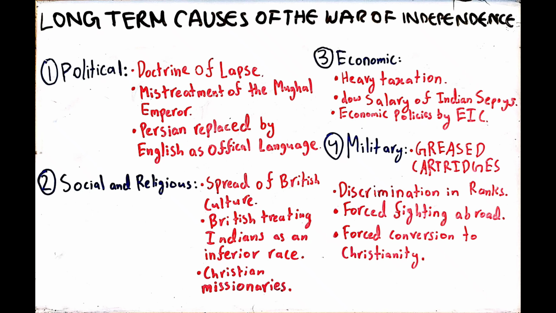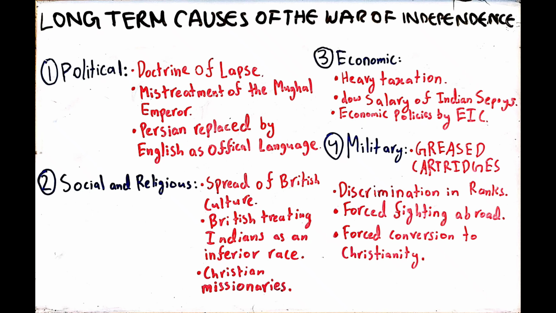Second point would be about the mistreatment of the Mughal Emperor. The British moved the royal family, or the Mughal Emperor's family, to Red Fort in Delhi, which made the Indians upset because they felt disrespected.